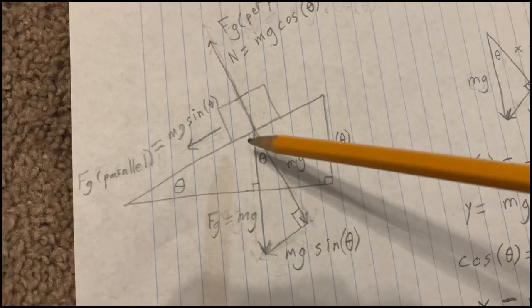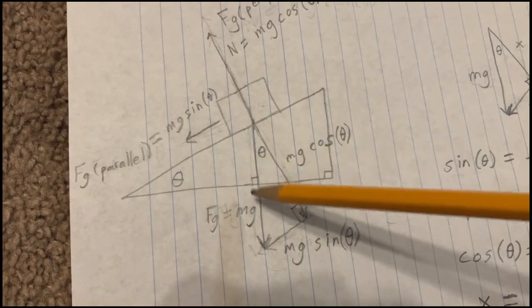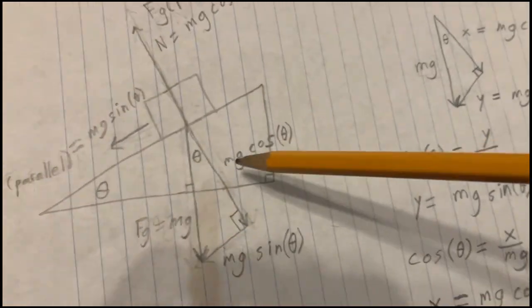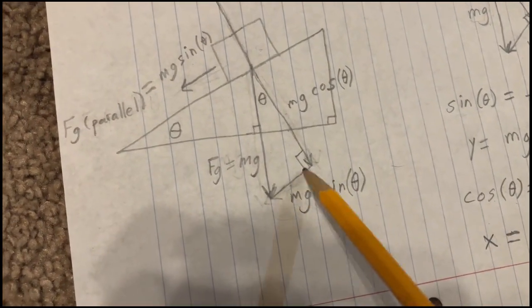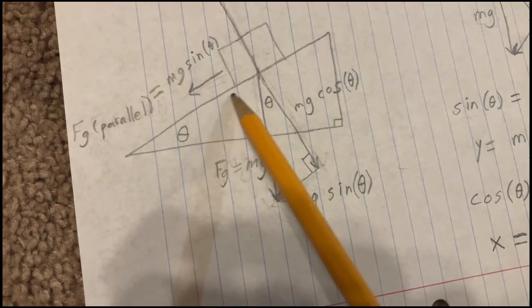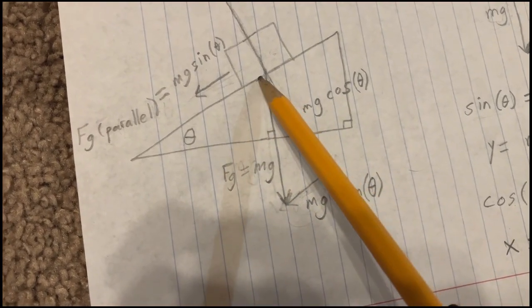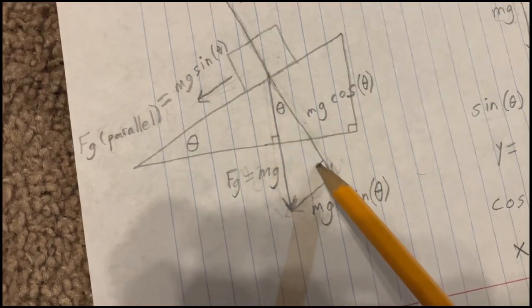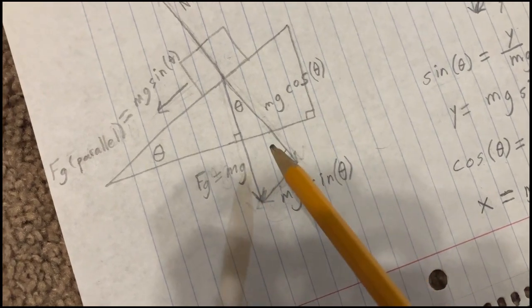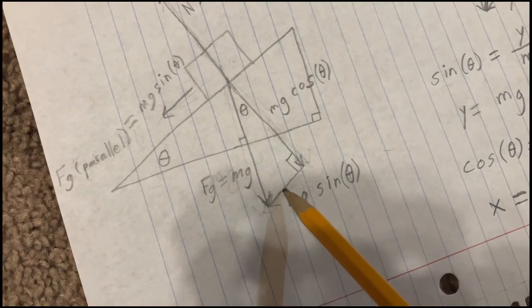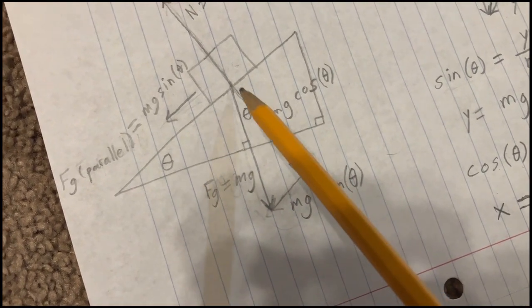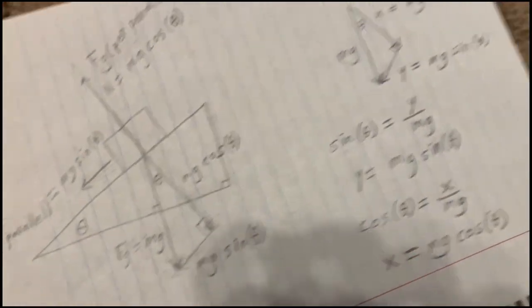This is the force of gravity pulling straight down on the block. But the force of gravity has two components: one component that is parallel to the incline, and one component that is perpendicular to the incline.